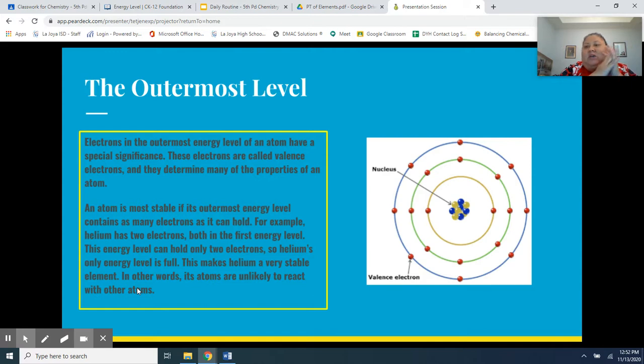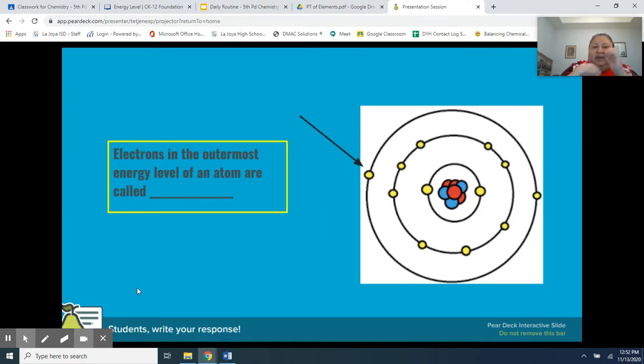You're not going to want to lose, gain, or share. Why? Because your outside energy level is considered full. For energy level number 1, the maximum you can have is 2. So helium is one of those special atoms that doesn't like to react because it has a full valence shell, a full outer energy level.